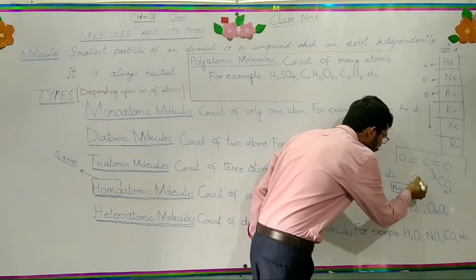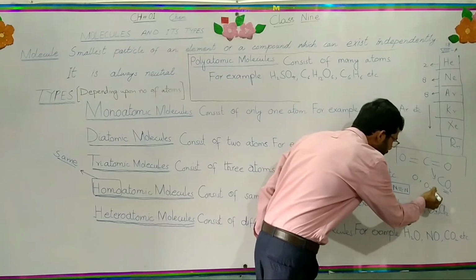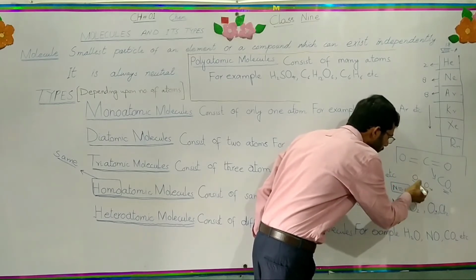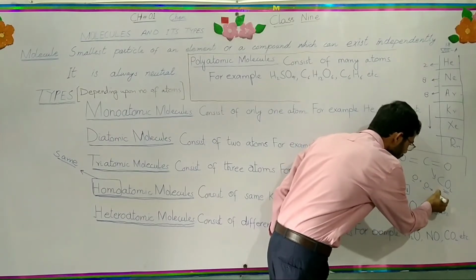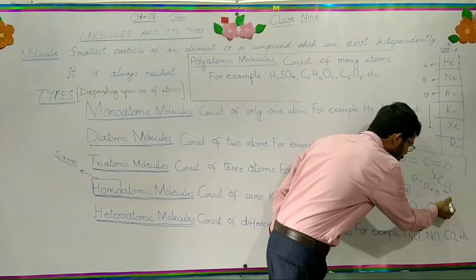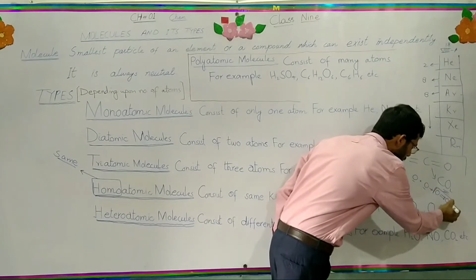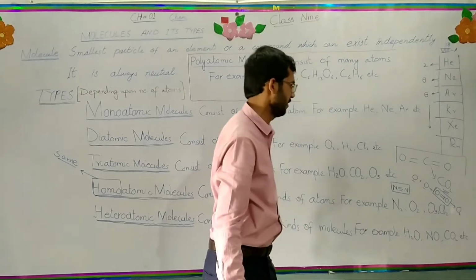So when one oxygen atom approaches another oxygen atom, they share two electrons each. A pair of electrons is shared by the 2 oxygen atoms, a double covalent bond is formed between the oxygen atoms, and the oxygen molecule is formed in that way.